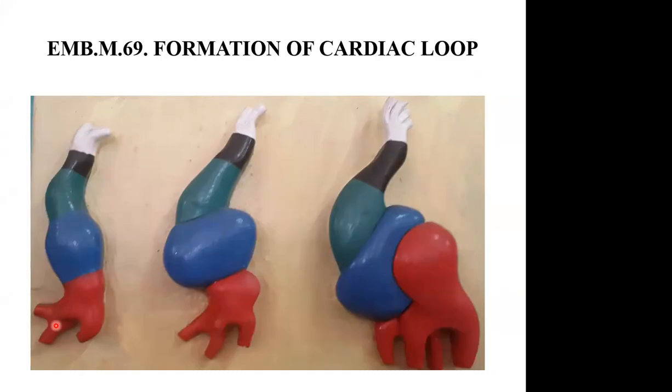Don't get confused, even though it is shown in red color. What is shown in dark color is the truncus arteriosus. What are the structures derived from truncus arteriosus? Ascending aorta and pulmonary trunk. Very good.